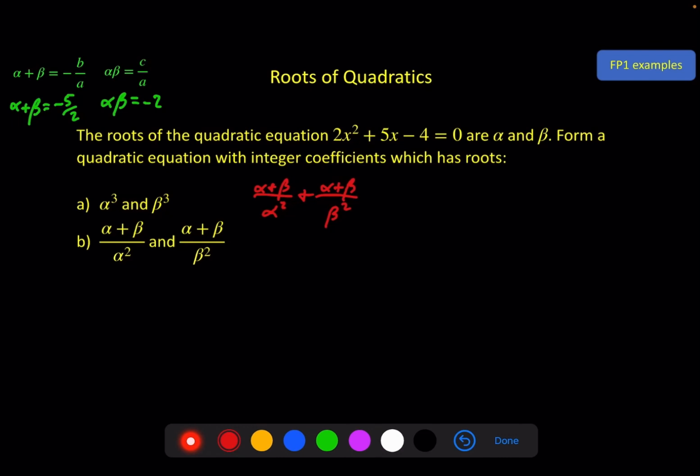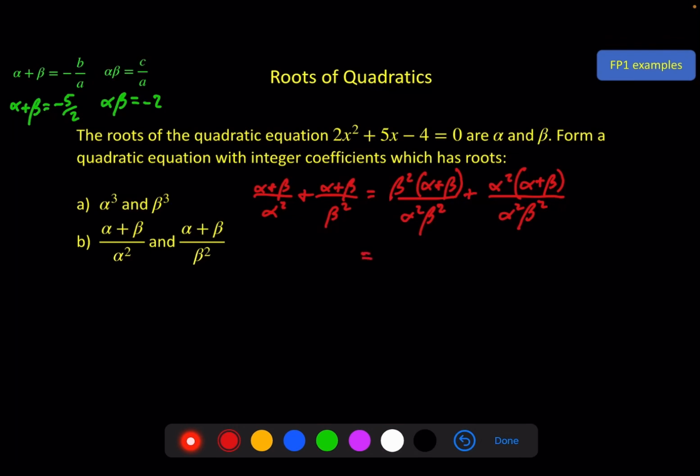I said in the previous video, if you're not sure how to put it in terms of the things that you know with fractions, put them together first. That's usually a good first step. So to put these together, we're going to need beta squared times alpha plus beta over alpha squared beta squared, and already that denominator is looking better, plus alpha squared times alpha plus beta over alpha squared beta squared.